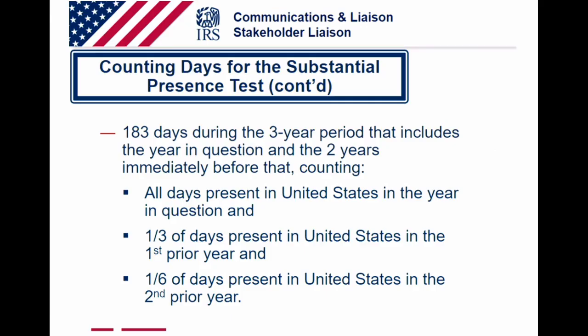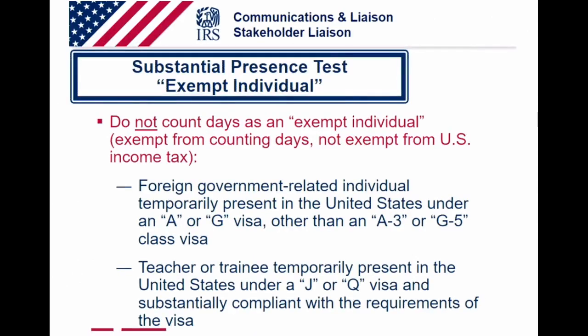Because the total for the 3-year period is 225 days, you meet the substantial presence test and are a U.S. resident for tax purposes for 2024. Certain individuals are exempt from counting U.S. days of presence for purposes of the substantial presence test. Kathy will talk about these exempt individuals next.